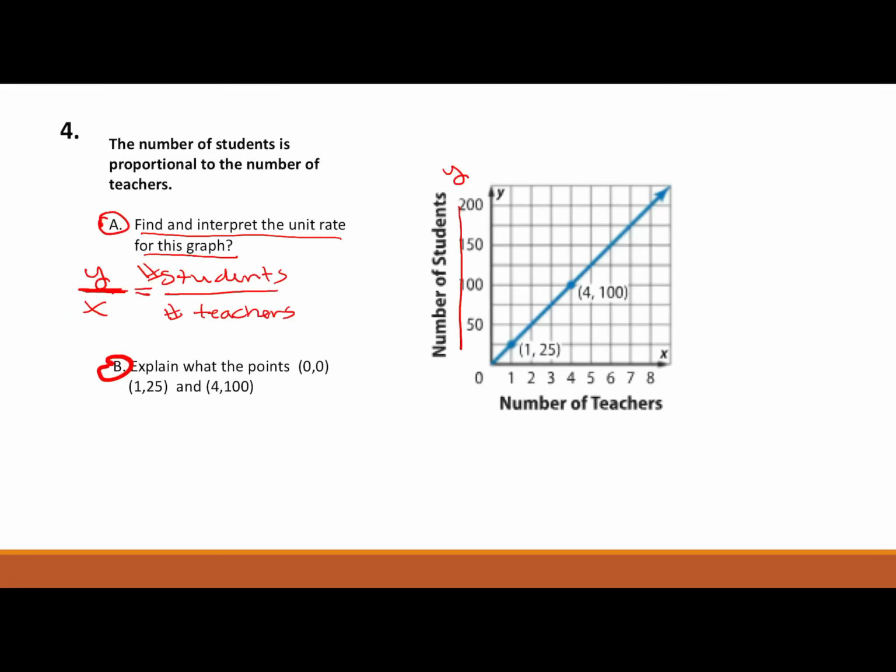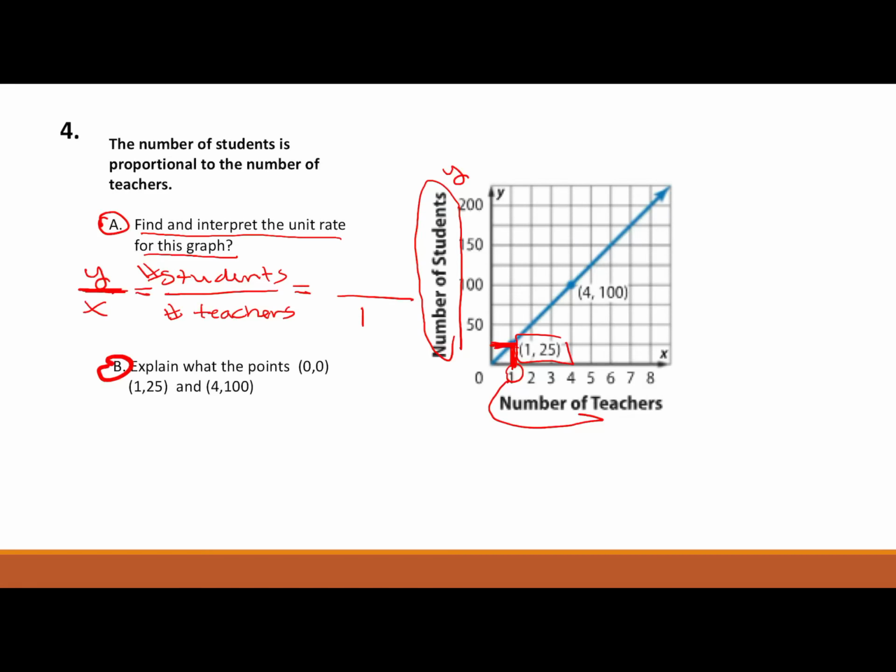Okay, we want to know, what is the unit rate? How many students per teacher? Well, let's look at this point right here. This point right here is (1, 25). Well, 1 represents the number of teachers. So I'm going to write 1 for teacher. Over here, this is the number of students.